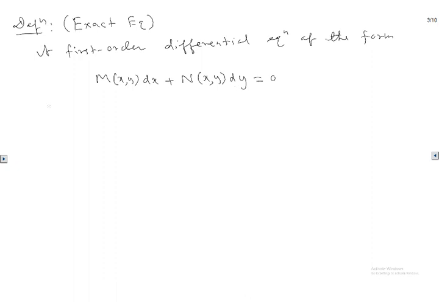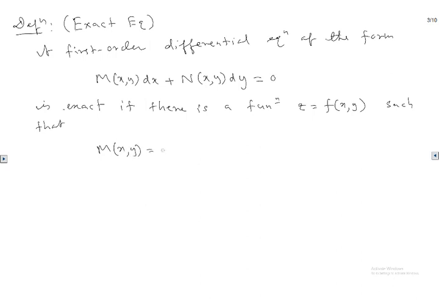It is exact if there is a function z equals f(x,y) such that M(x,y) equals the partial derivative with respect to x and N(x,y) equals the partial derivative with respect to y.